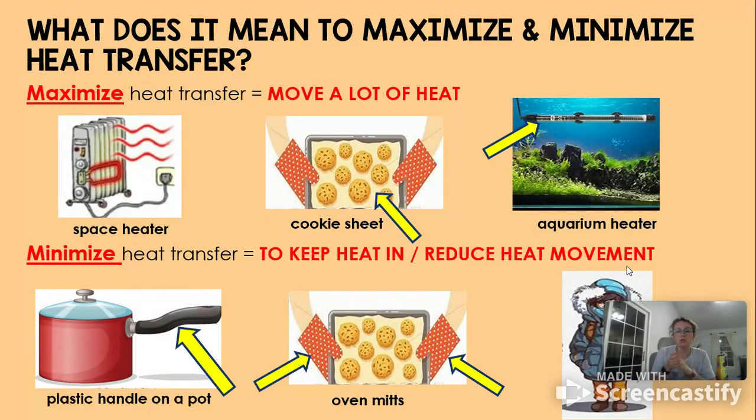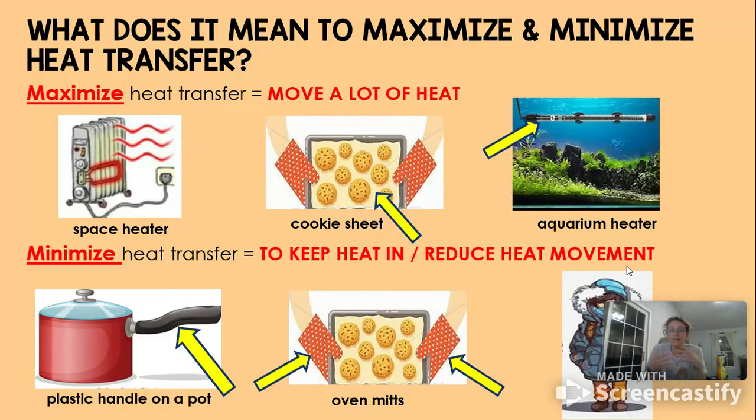We use oven mitts so that we keep the heat out. I'll tell you, the other day, I have a pair of oven mitts that I've been using since, I don't know, probably 2018, and they're getting really thin. So when I went to put my hand on the hot pot, my hand burned because I didn't have anything to keep the heat out.